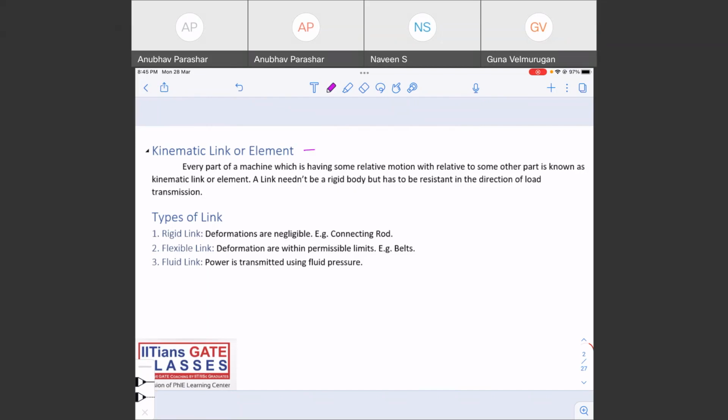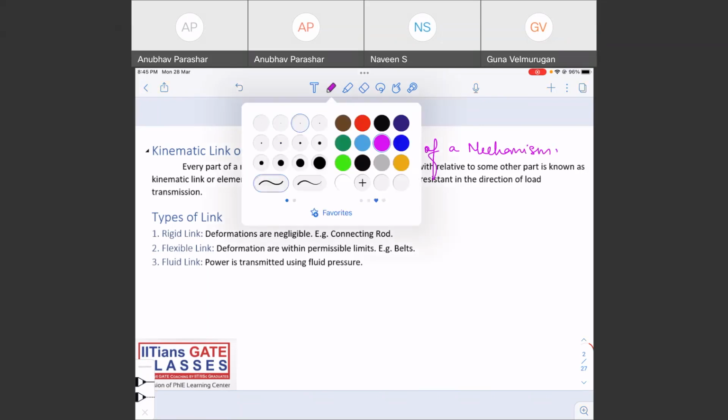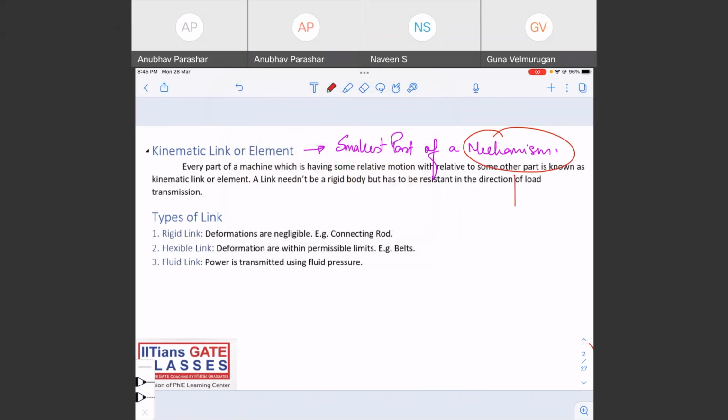So this is the smallest element. The smallest kinematic link or element, you can say, is the smallest part of a mechanism. So what exactly is a mechanism?